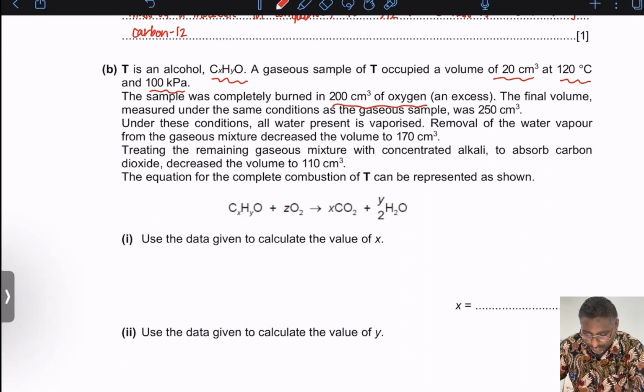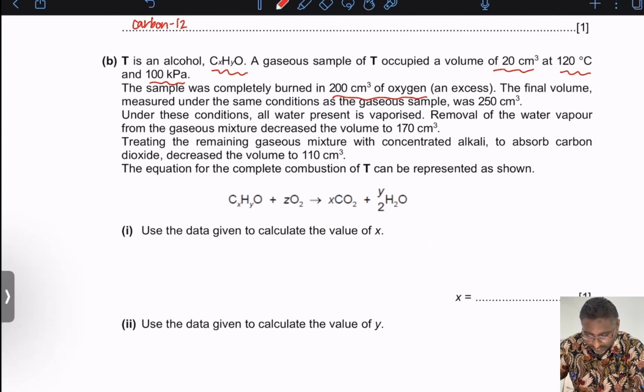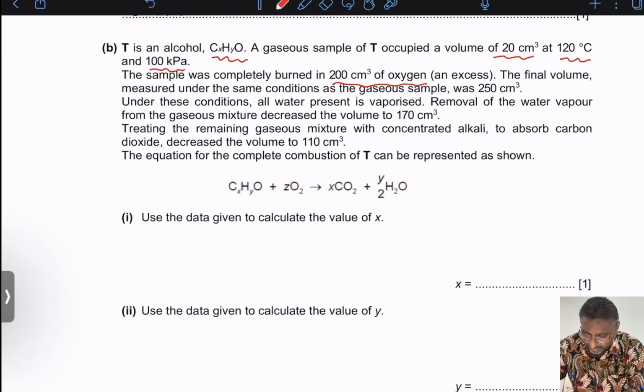Under this condition, all the water present is vaporized, so all the water is gas.